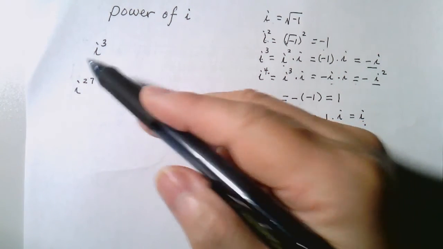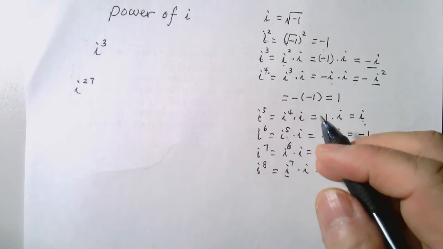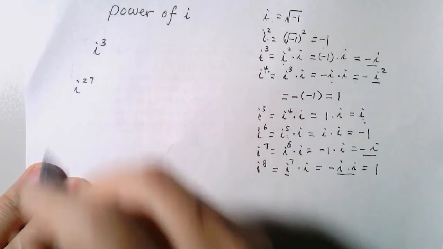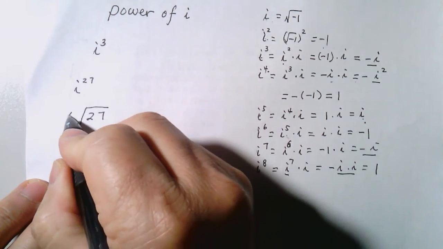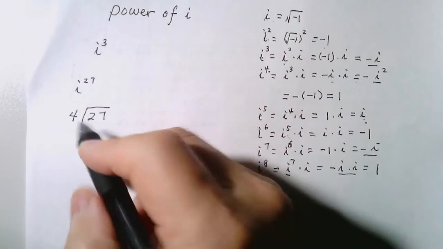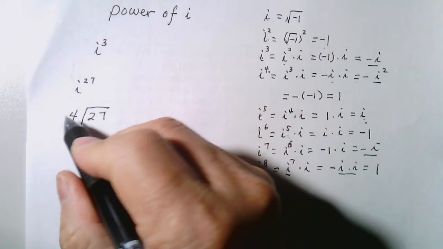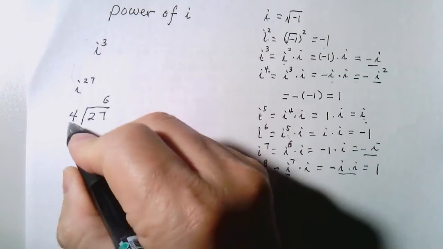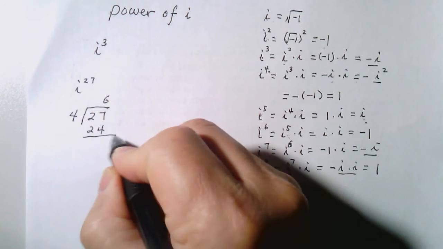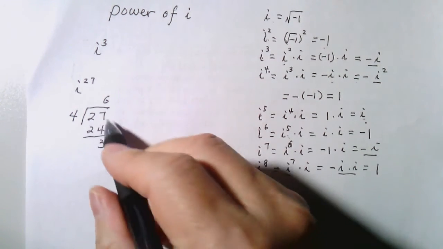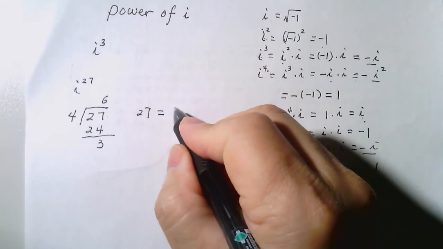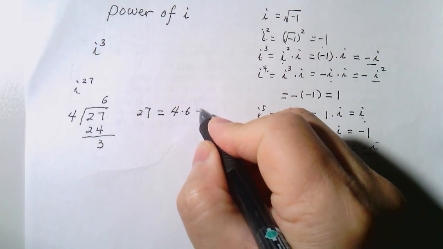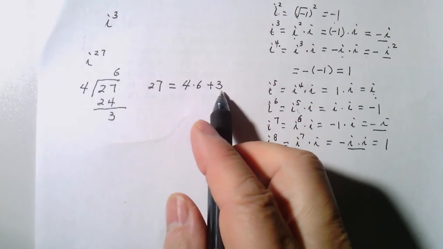So what we try to do here is write 27 and divide it by 4. 27 divided by 4 is 6, 4 times 6 gives us 24, and that leaves 3. What does that mean? It means 27 can be written as 4 times 6 plus 3.